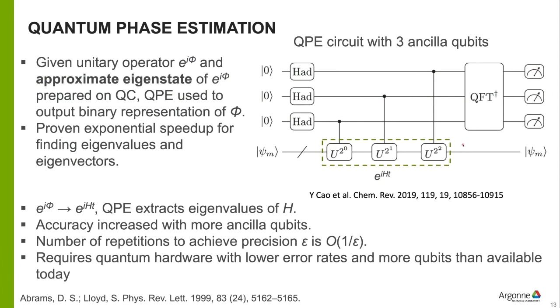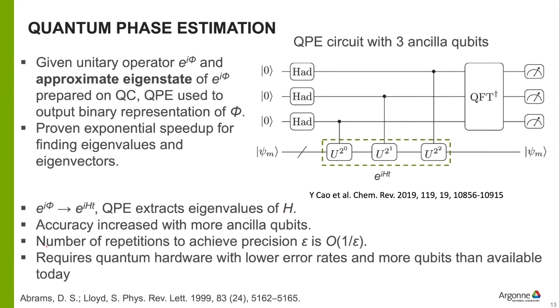And that phase is basically encoding of the eigenvalues of the Hamiltonian. Obviously, it's a very quick explanation, and it's not enough to understand this method, but essentially, it has been mathematically proven that this is the algorithm that provides exponential speedup over any classical algorithm for finding eigenvalues and eigenvectors. And by increasing the number of these ancilla qubits, you can systematically improve the precision.